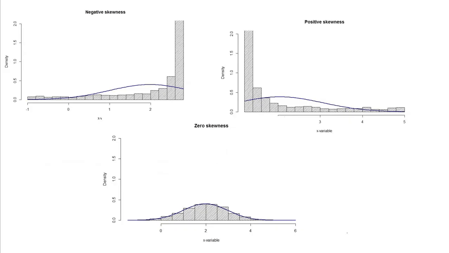Those are some examples I designed for you in order to demonstrate what it looks like. So you can see on this graph a function with negative skewness, skewed to the right, positive skewness, skewed to the left, and zero skewness, or perfectly symmetrical distribution.